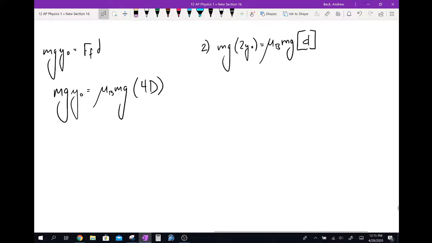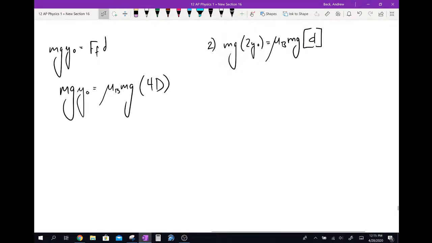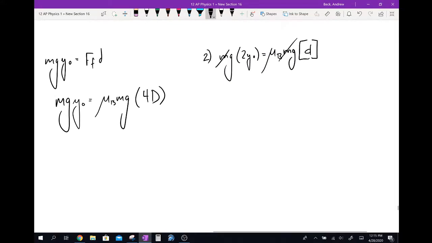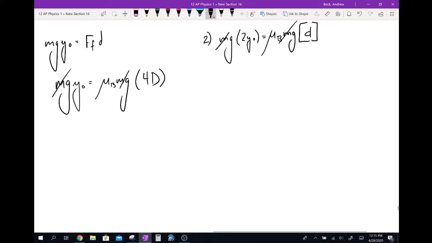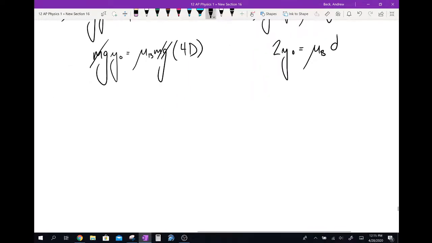So before we had mg y naught is equal to mu b mg times 4d. Actually, let's cancel some stuff, just to make it easier. So we say 2y naught is equal to mu b times some d that we want to solve for, some displacement. Here we can say y naught is equal to mu b times 4d.